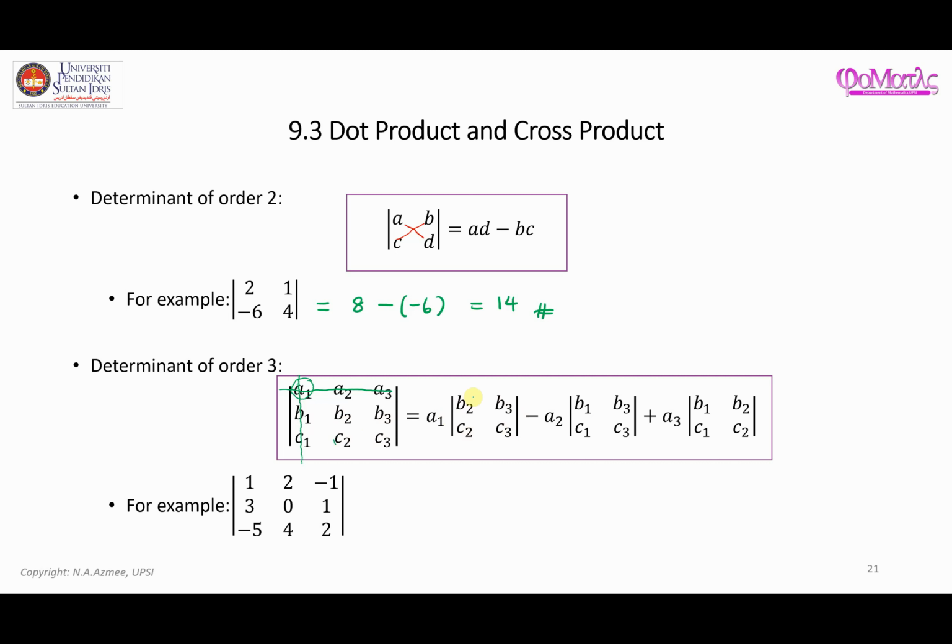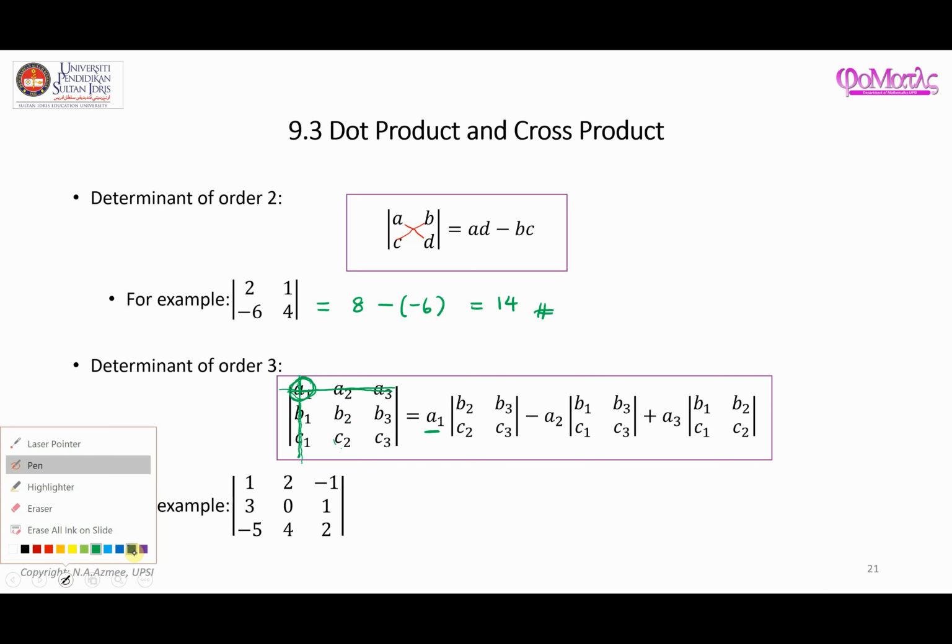So this is A1, and you cross these two lines, so you are left with this component, B2, B3, C2, C3.